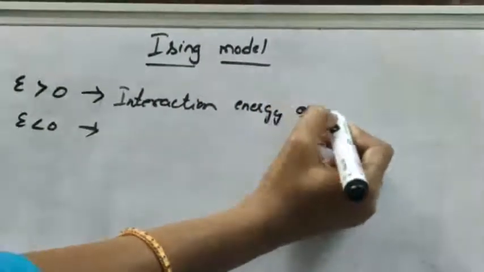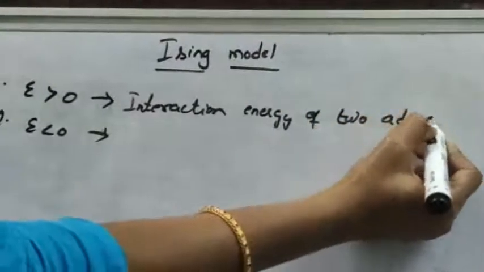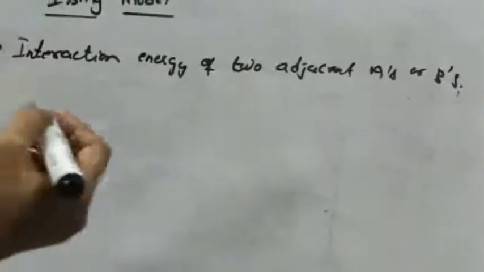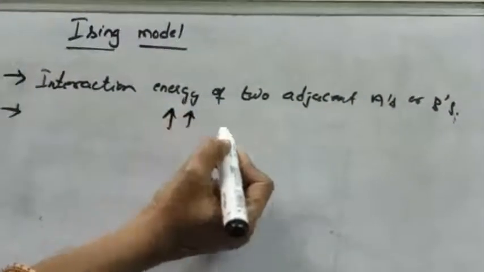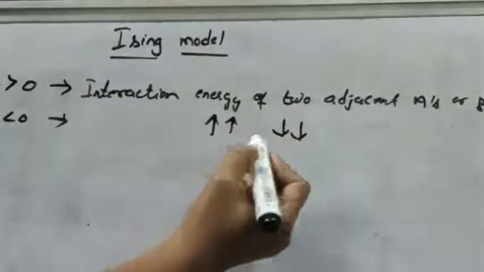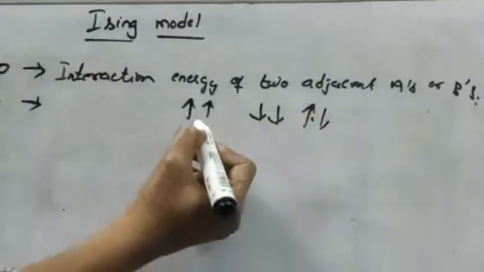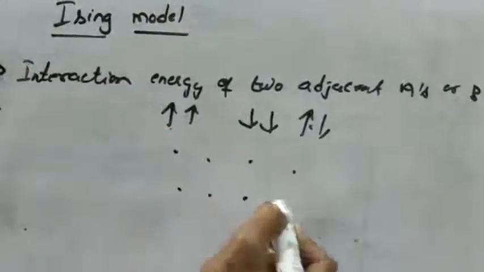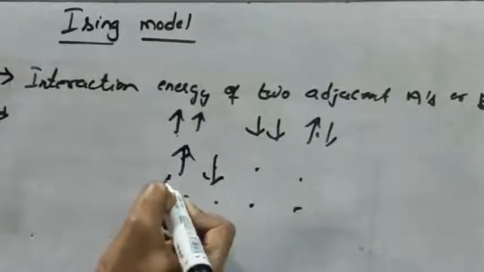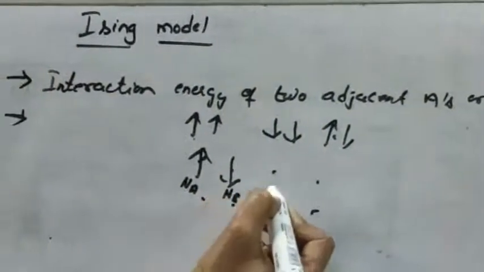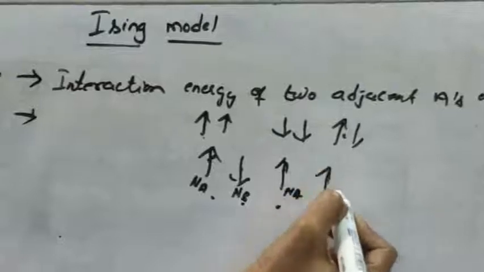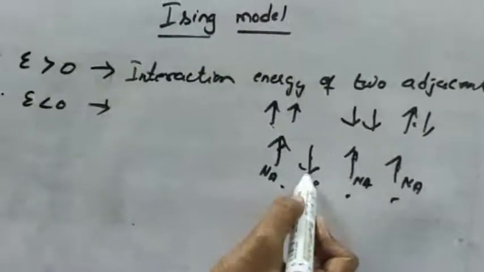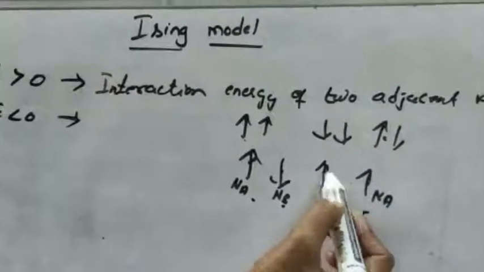Here, epsilon represents the interaction energy of two adjacent A's or B's. A means the molecules which have up spin, and B means the molecules which have down spin. For example, this molecule is represented with Na and this one with Nb. Epsilon represents the interaction energy of two adjacent A's, so energy is contributed.